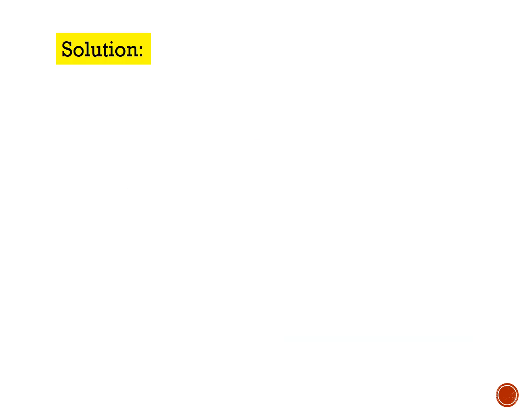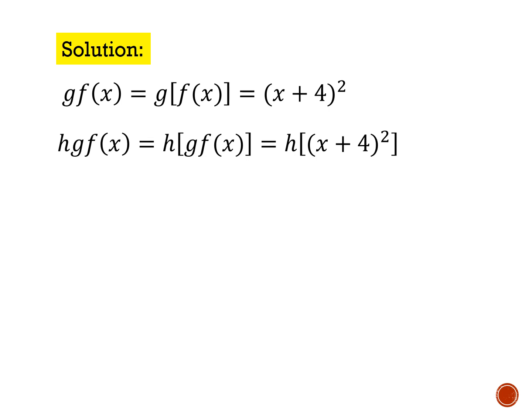The solution for example 4. First, we need to find g(f(x)), which is we substitute f(x) into x in g(x). We get (x plus 4) squared. So h(g(f(x))) is h((x plus 4) squared), since g(f(x)) equals (x plus 4) squared.